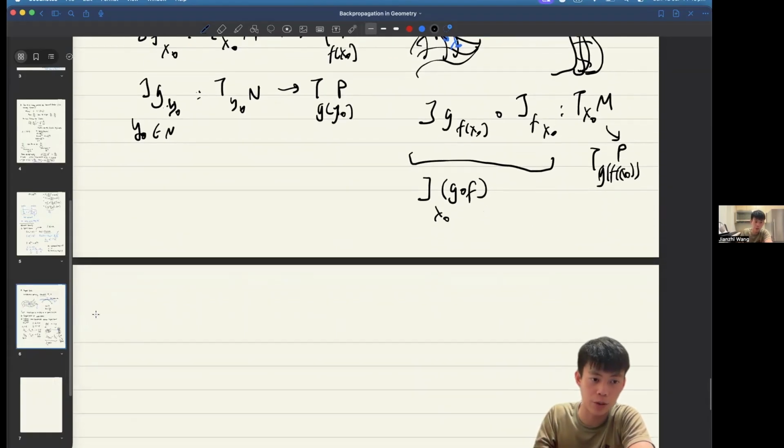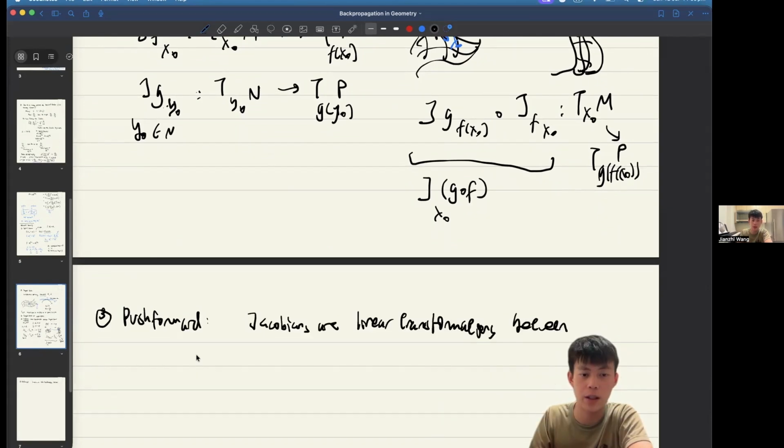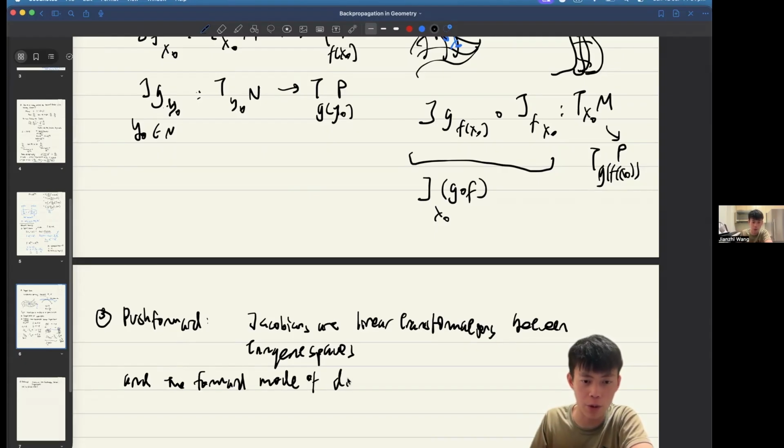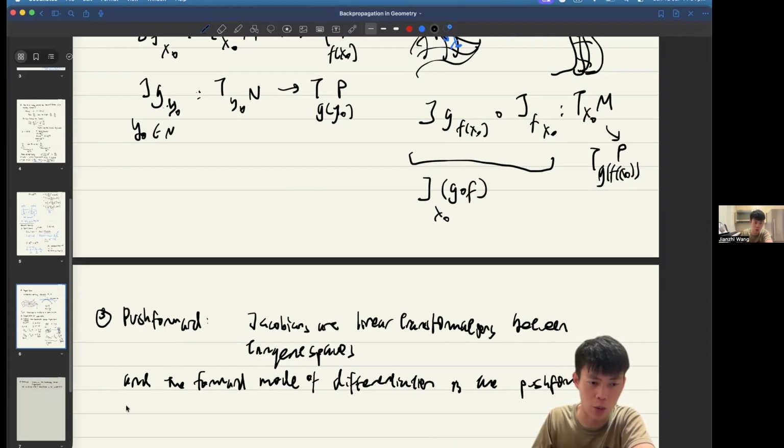So I just want to talk about this terminology called push forward. Jacobians are linear transformations between tangent spaces. And so in the forward pass, where we are building up the computation graph, the Jacobians are actually pushed forward. What we call the forward mode of differentiation is the push forward of Jacobians.